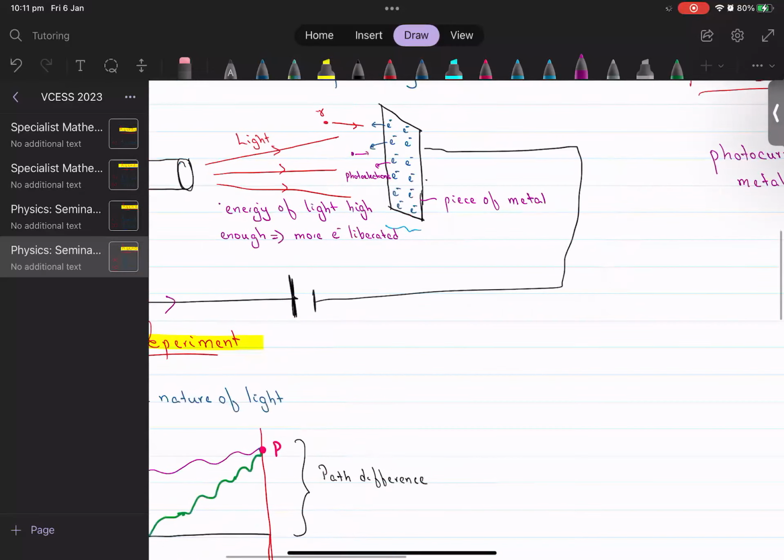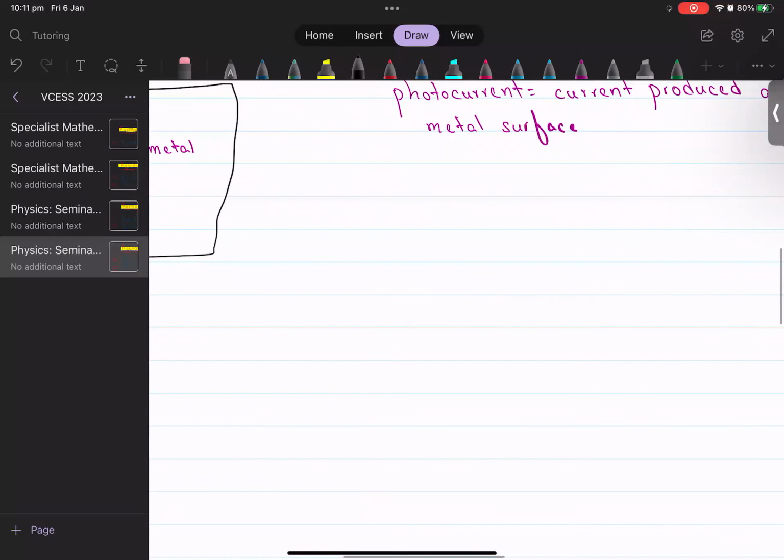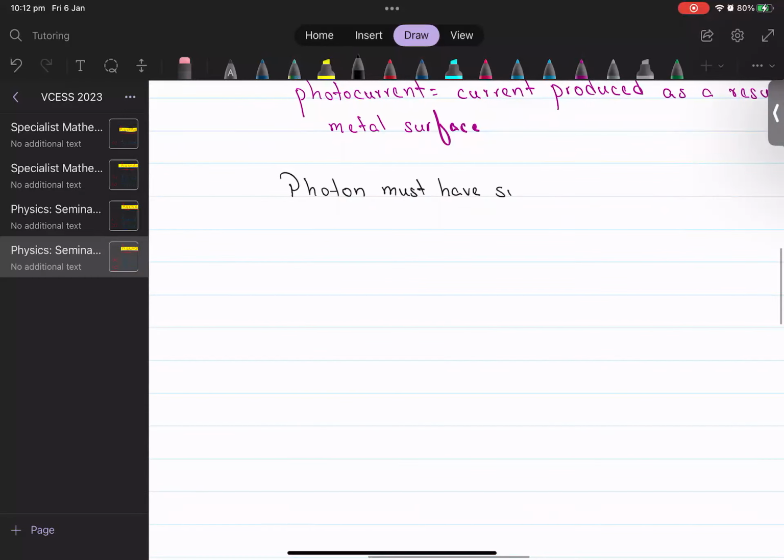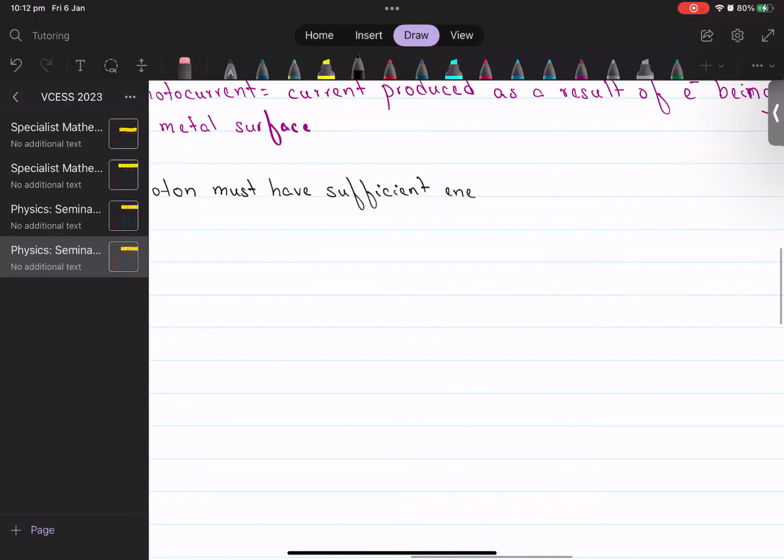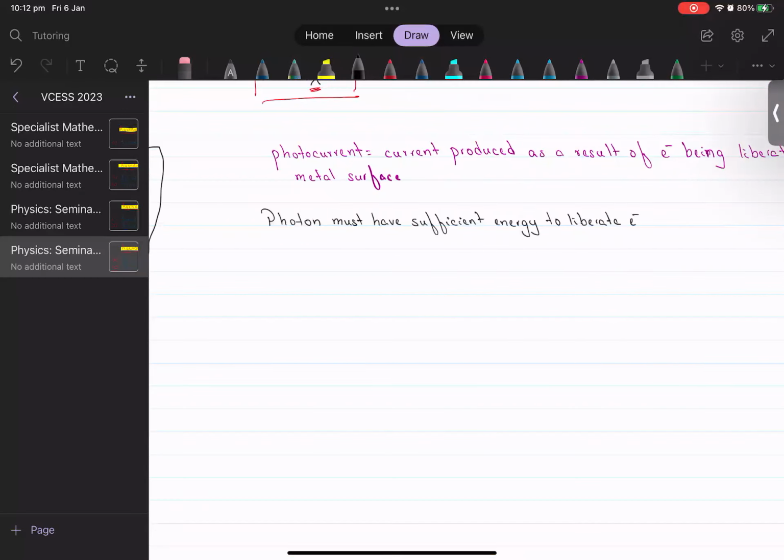There's a criterion that a photon has to meet to liberate the electron off that surface, and that is that the photon must have sufficient energy to liberate the electron. Okay, so what does sufficient energy mean?